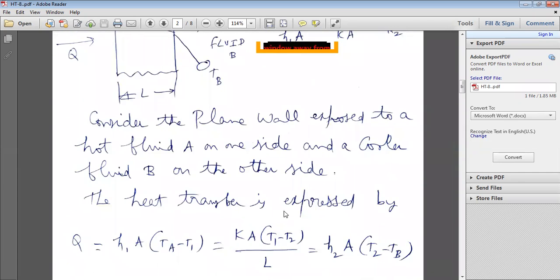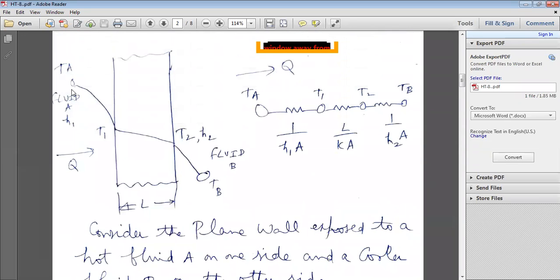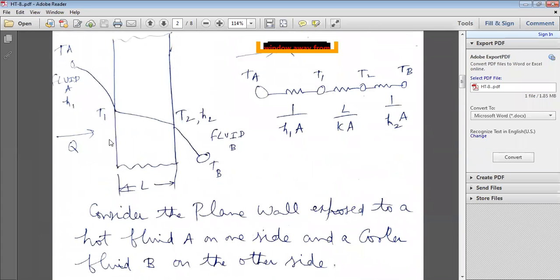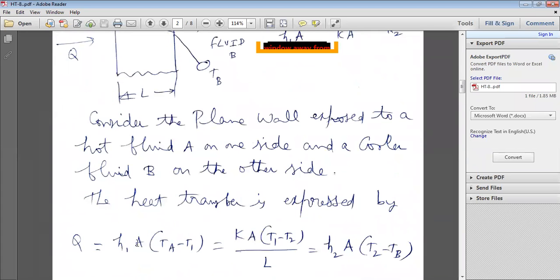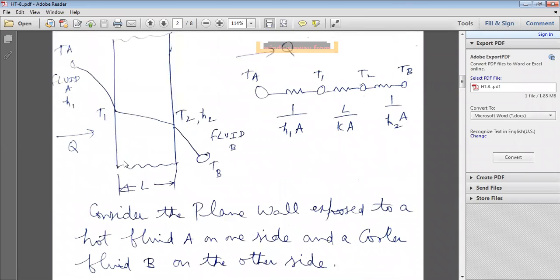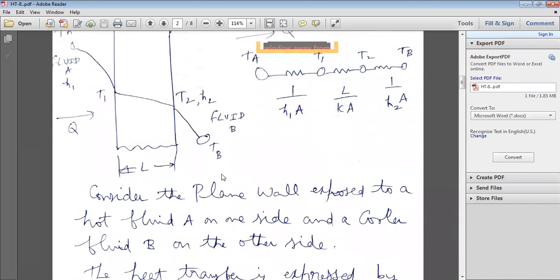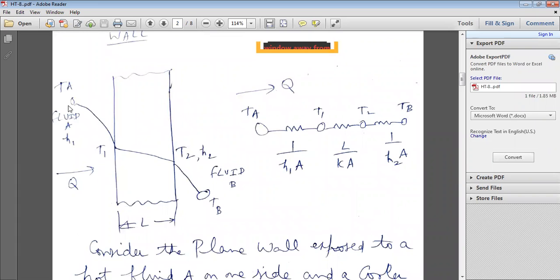The heat transfer is expressed by Q equal to, for fluid A, from Newton's law of cooling, H1 times A times TA minus T1, since TA is greater than T1. That is the heat flowing through fluid A, and the same amount of heat is transferred through the block or material.